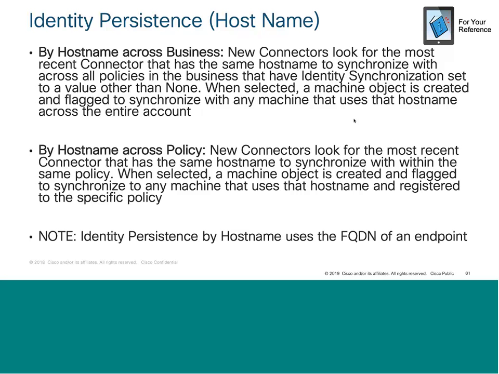If you set up identity persistence to work based on host name, the FQDN is a different host name. It treats both fields as the same, and unless they are identical, it will create a duplicate record. So if you have an onboarding going on, you probably want to make sure that your records are FQDN, not just by host name.